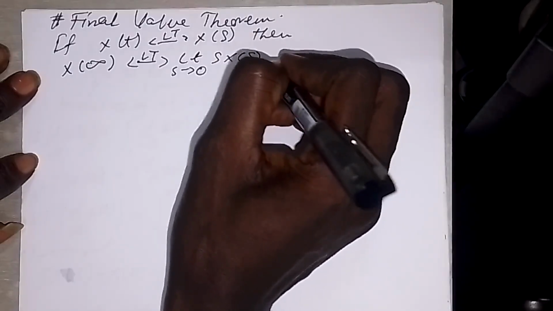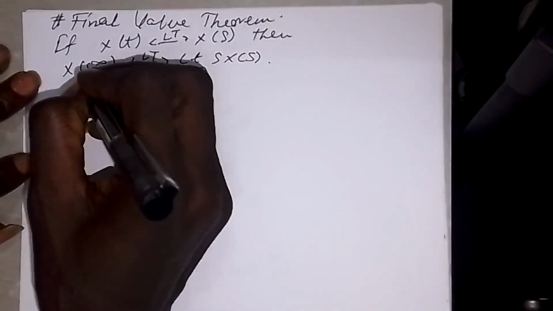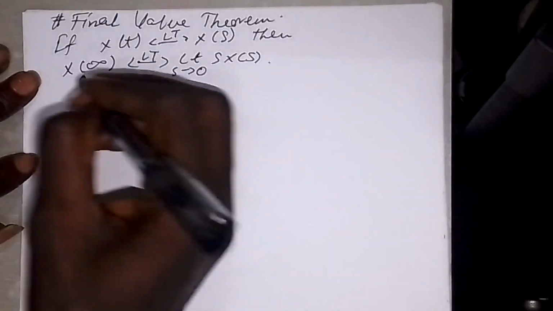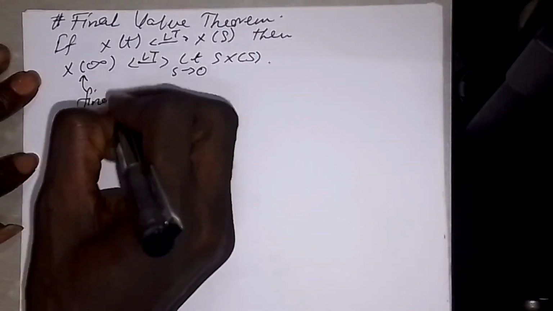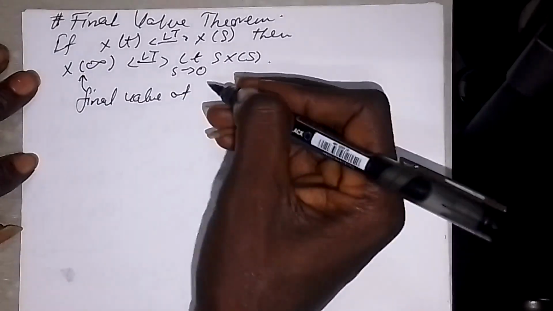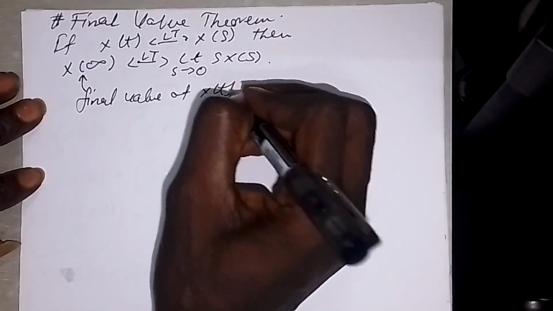Now let's see how we can prove this. Just as before, where we had the initial value of x(t), this is the final value of x(t).